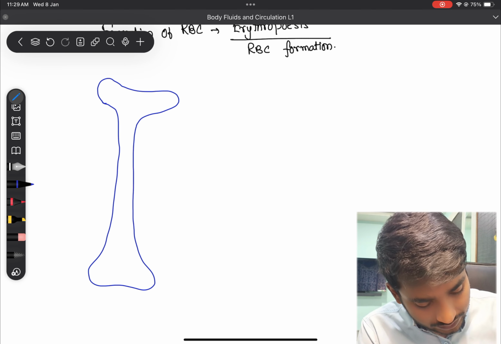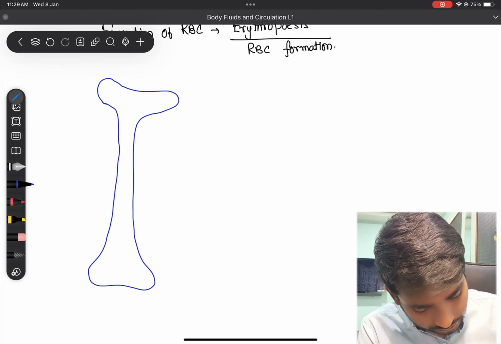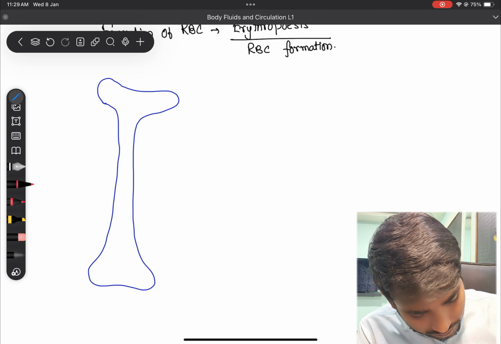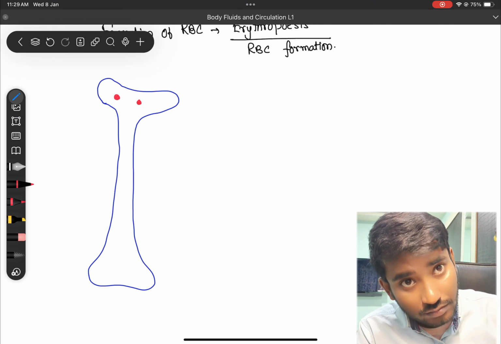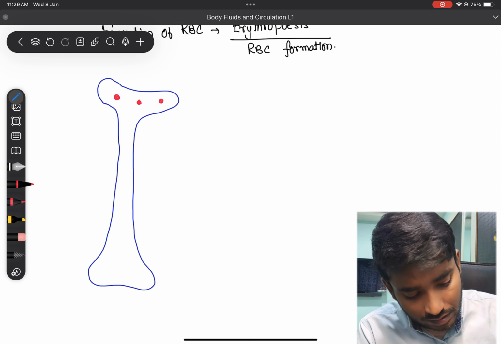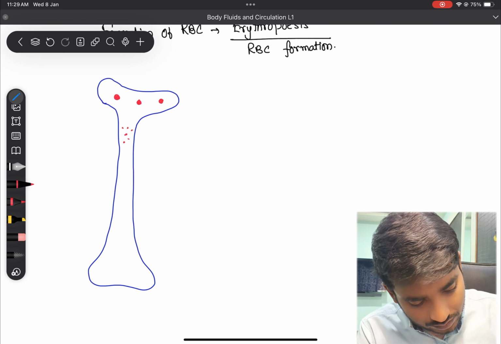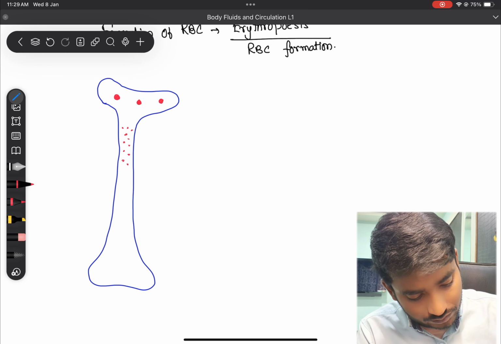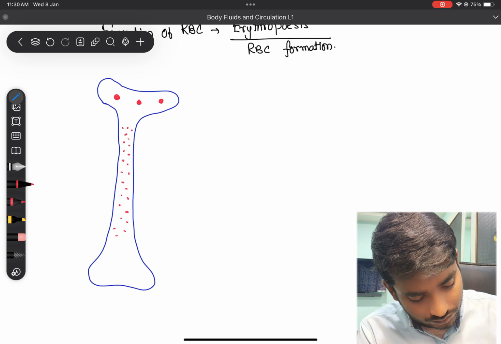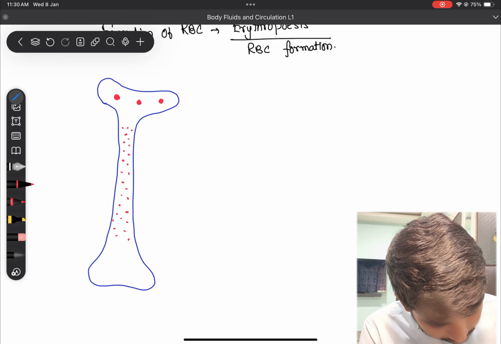Okay, now these are the red bone marrow.